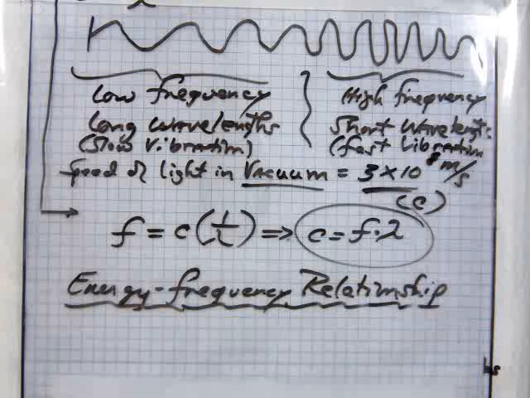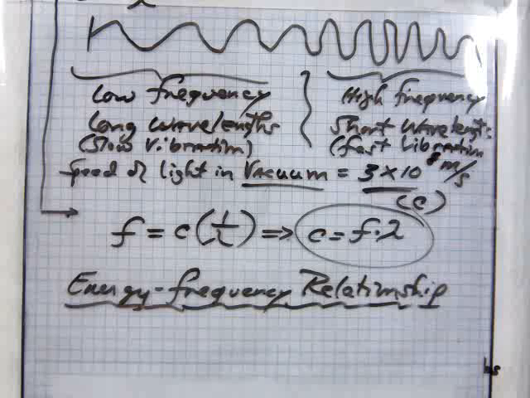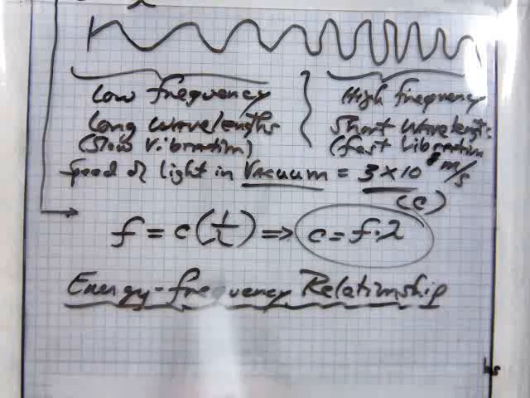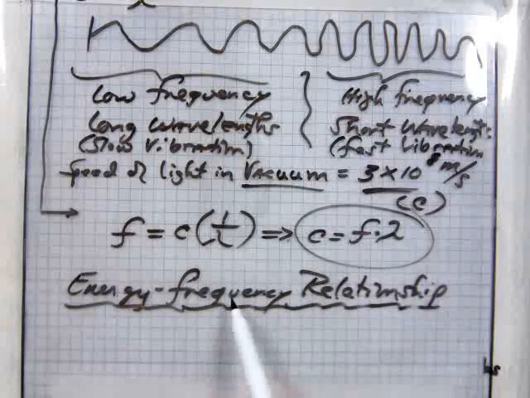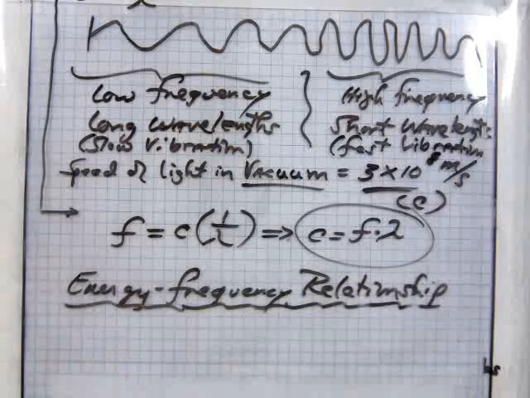Well, that should lead you to a relationship of energy. If you have low vibrations, what can you say about the energy that these waves have? It's low, yeah. And as we move up to the higher vibration, high frequencies, what can we say about energy? It's high. So the relationship between energy and frequency is a direct relationship.